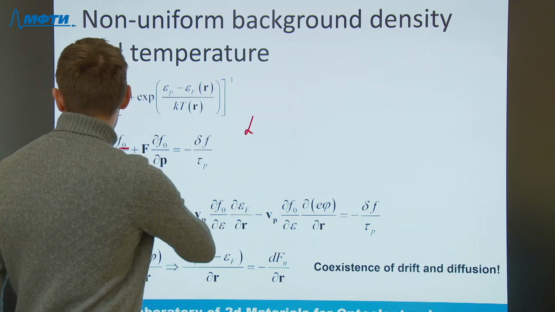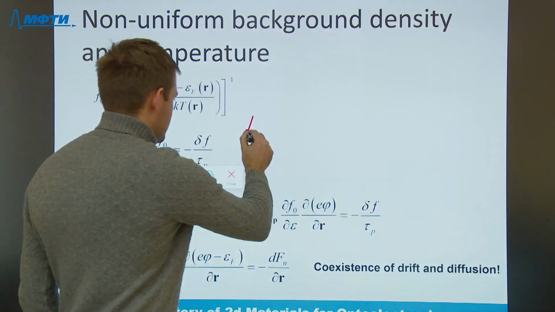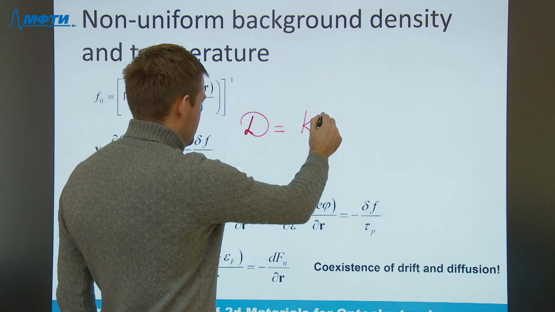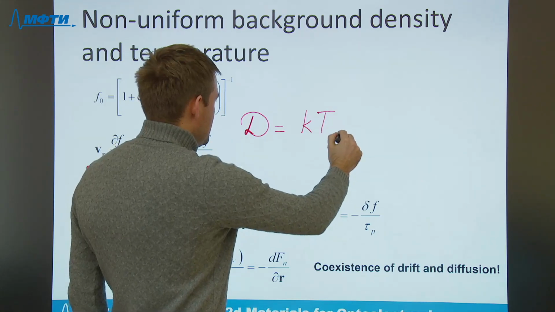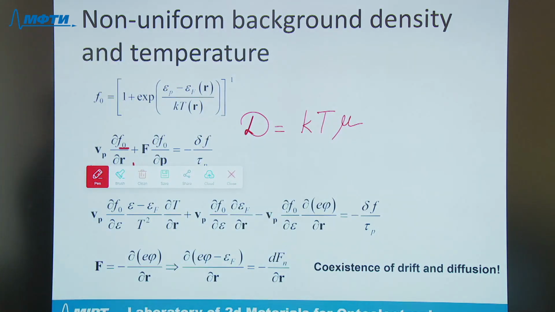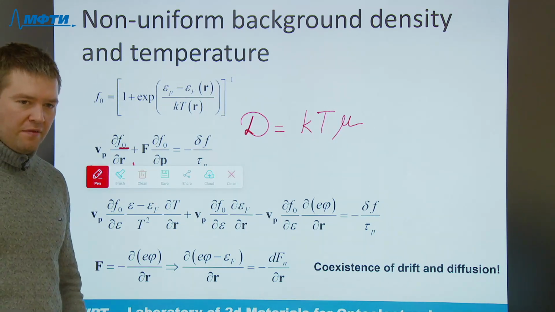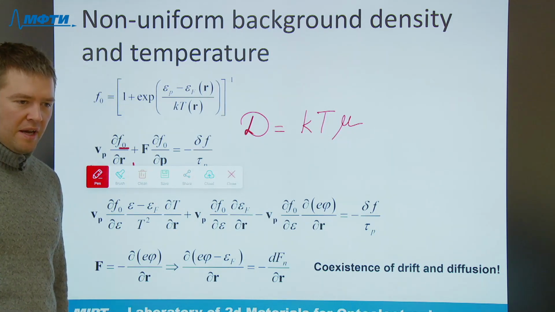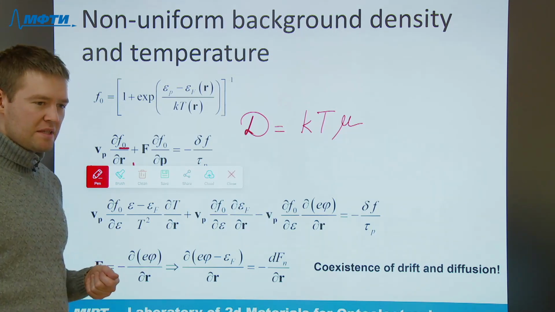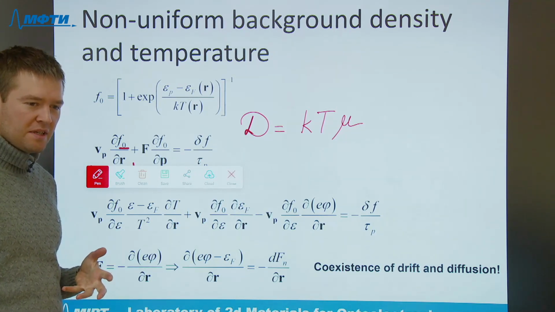Diffusion coefficient would be equal to kT multiplied by mobility mu. This is the rule that you would eventually obtain when trying to get diffusive characteristics from electrical characteristics.